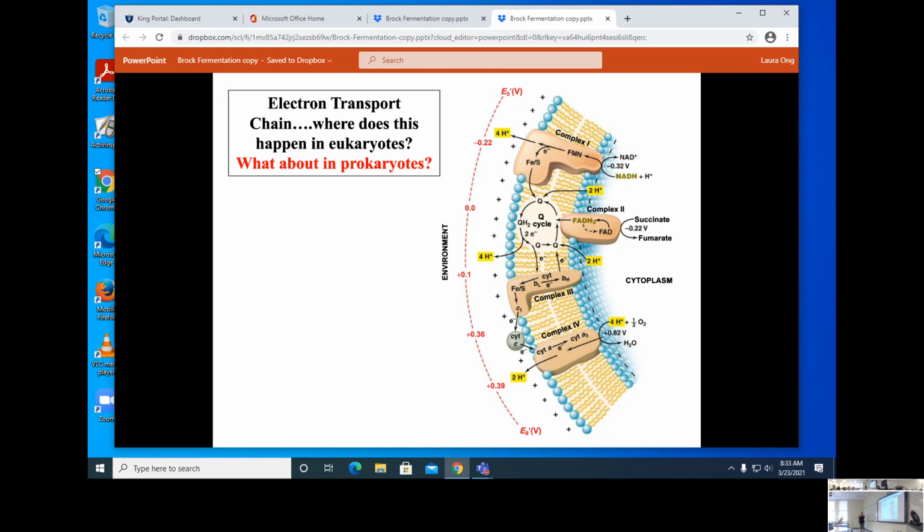Whether respiration processes are aerobic or anaerobic depends on whatever the final electron acceptor is. Whatever the final electron acceptor is determines whether this process is aerobic versus anaerobic.